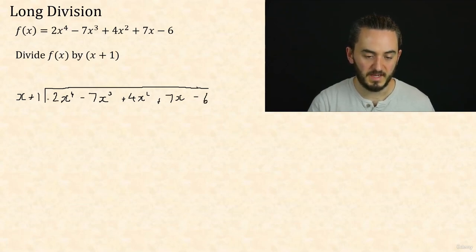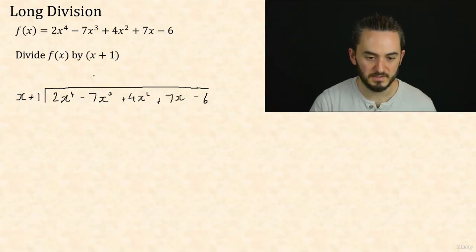Okay, so what do I multiply x by to get 2x to the 4? It is 2x cubed. So I'll put that in my x cubed column. Multiply that by that, and I get 2x to the 4. Multiply that by that, and I get 2x cubed.